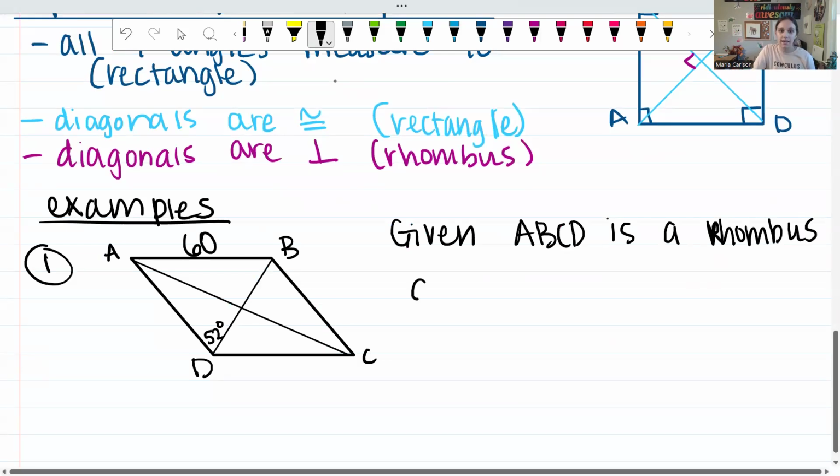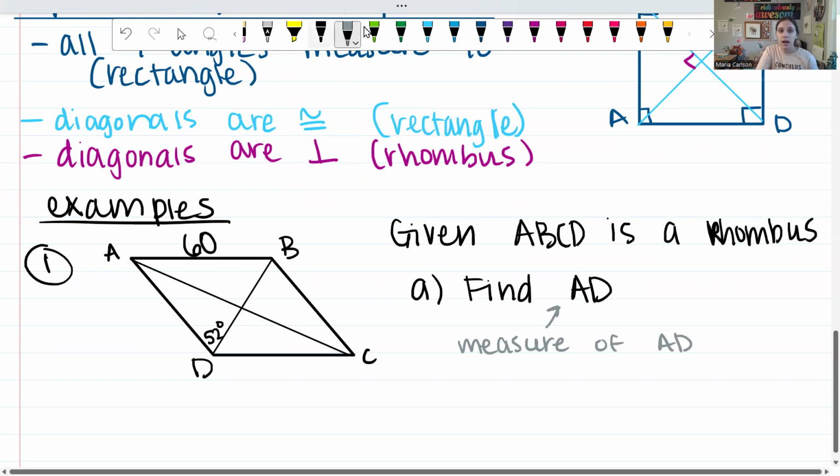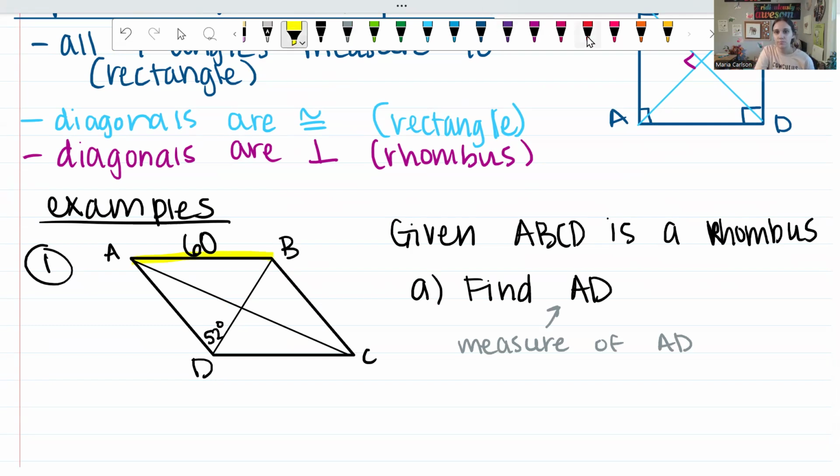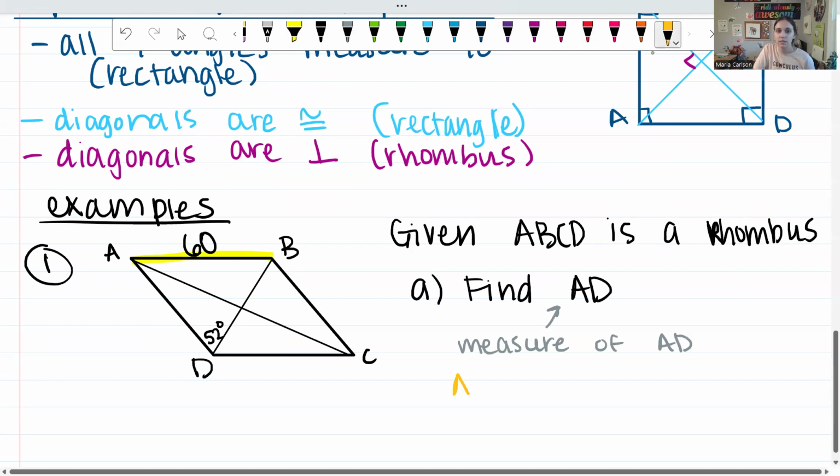All right, so part A, we are going to find AD. And if it doesn't have the bar over the top, that means we really are asking what's the measure of AD. Right now, I know that AB is 60. So let's write that down. AB is 60, whatever the units are. And this is a rhombus, so all of our sides are congruent.